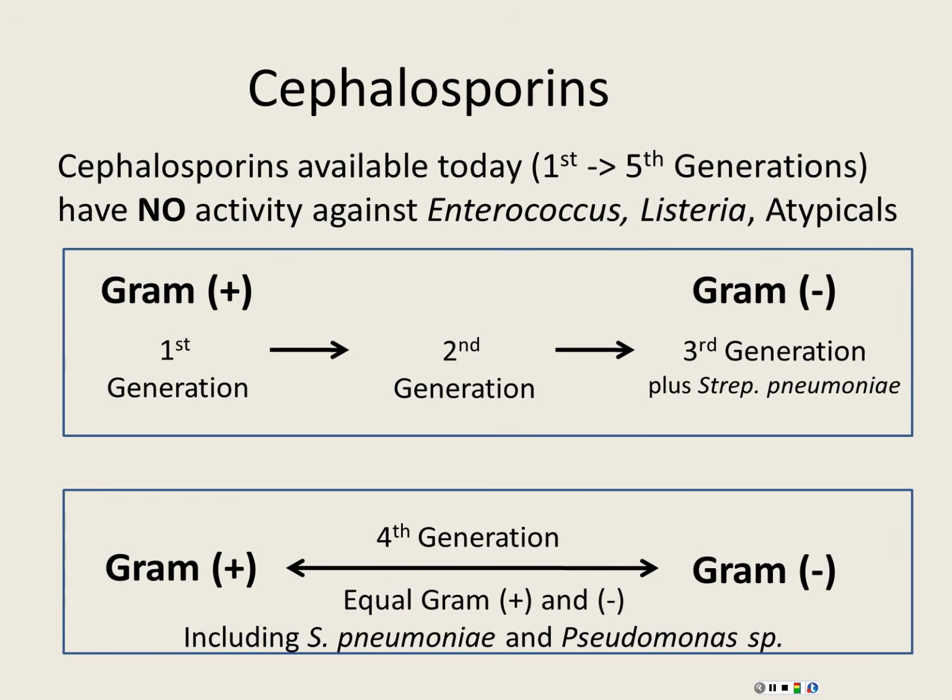One exception would be the 4th generation, which is cefepime, and it's kind of the best of both worlds. It has really good gram-positive activity and really good gram-negative activity. Specifically, its coverage against the SPACE bugs and Pseudomonas on the gram-negative side, and coverage for strep pneumo and MSSA on the gram-positive side.